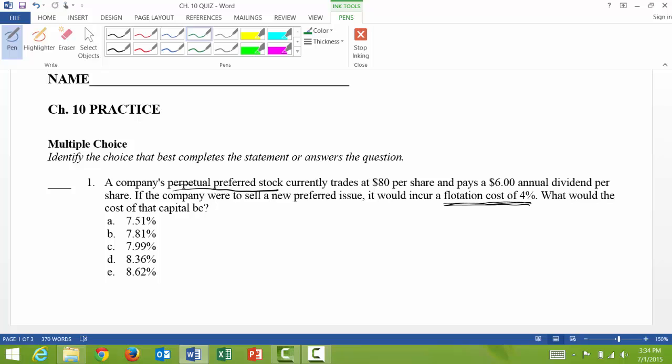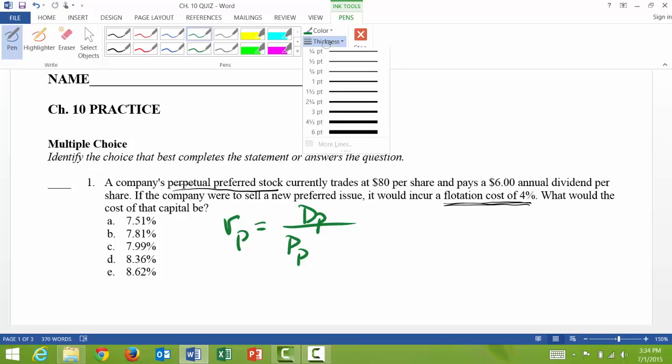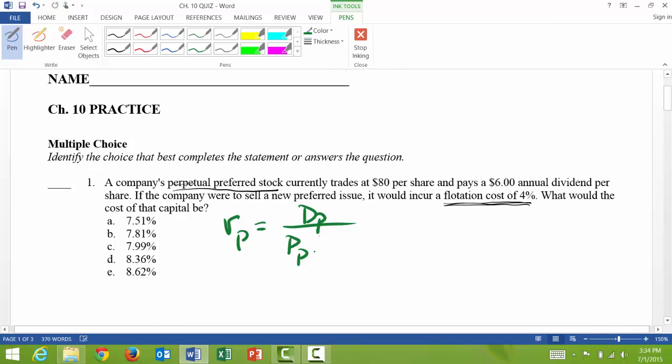So the cost of preferred stock, or the return on preferred stock, is equal to the dividend for preferred divided by the price for preferred usually. But since we have a flotation cost, we're going to multiply the price in the denominator by 1 minus the flotation percentage.